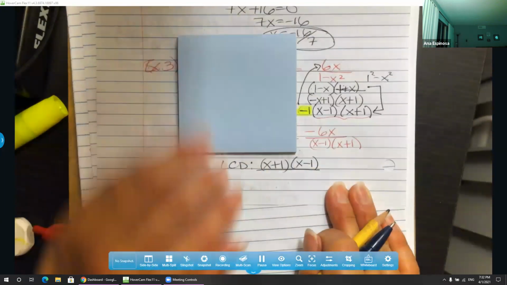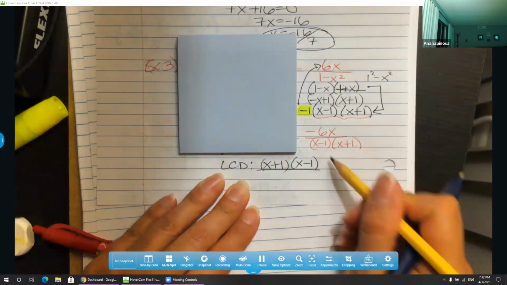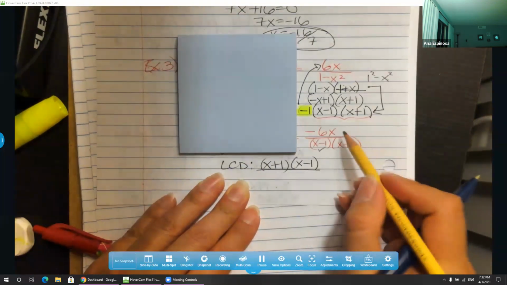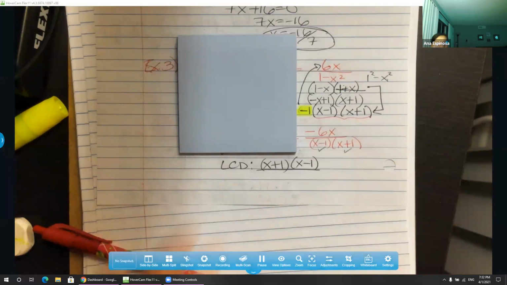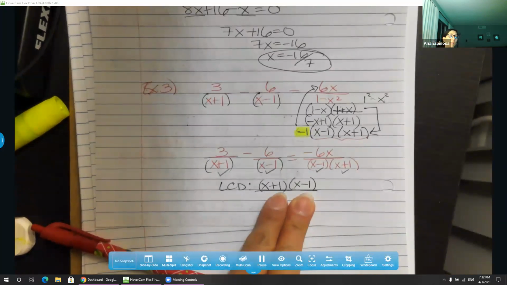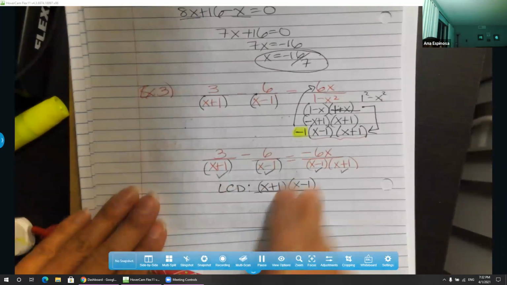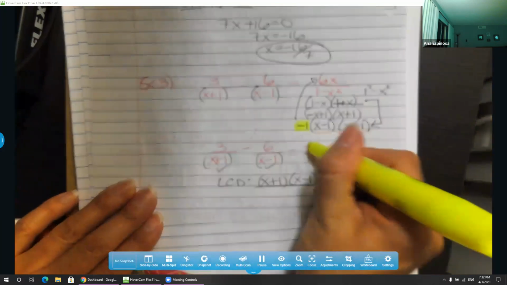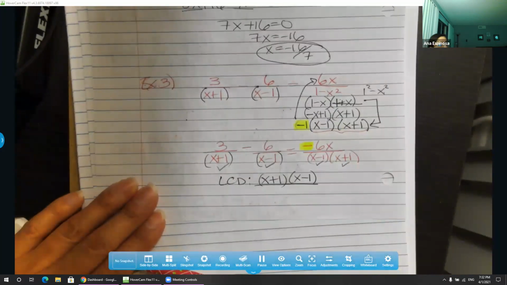Go to the last one. I need an x minus 1. Guess what? I already have it. Boom, done. X plus 1, I already have it. If you had the 1 minus x, you'd have to put it down because it's different than x minus 1. So my LCD turned out to be this so easily, but with that negative on top. Don't forget about that one negative, okay?